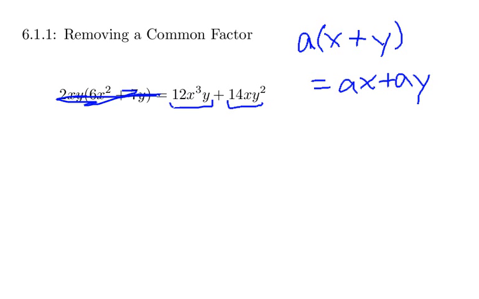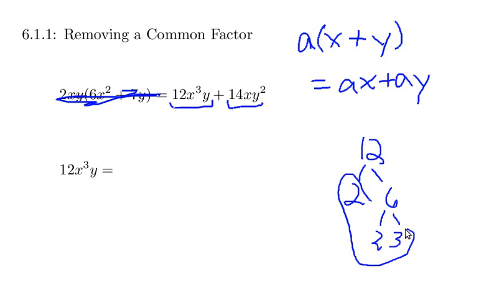So say we have 12x cubed y. Let's list out all of the individual factors of this 12x cubed y, including the prime factors of 12. Well, 12 you can rewrite as 2 times 6, or 2 times 3. So the prime factors of 12 are 2, 2, and 3.